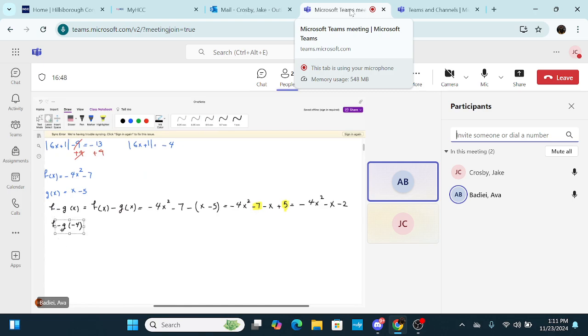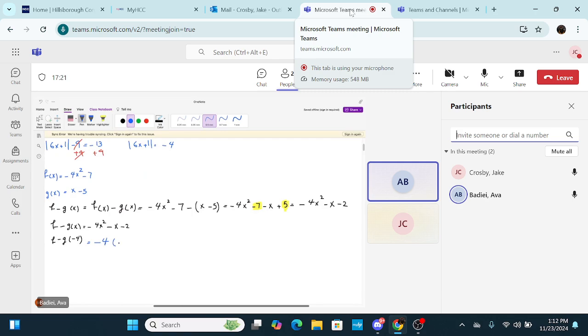Let's see. All right, f minus g of x is negative 4x squared minus x minus 2. Now if we want to find f minus g of negative 4, what should we do? Plug in negative 4 for x. That's it. So you're going to have negative 4.